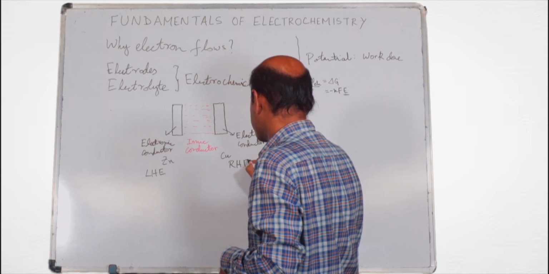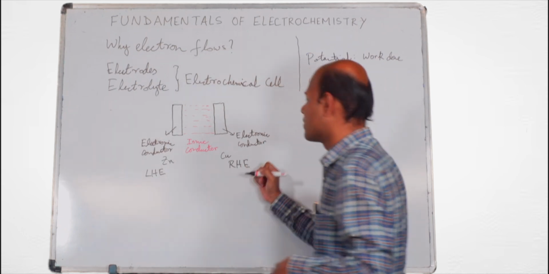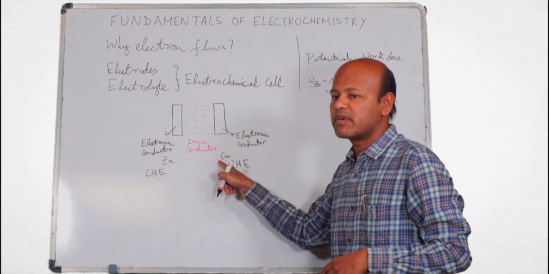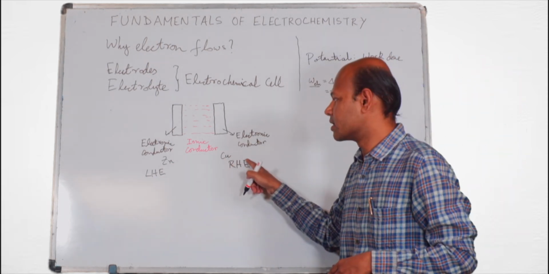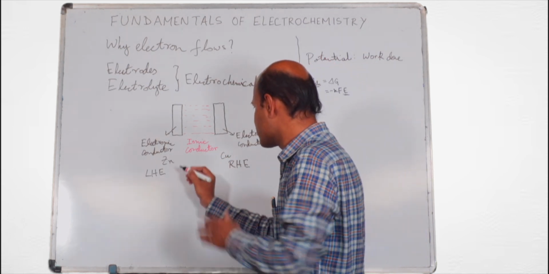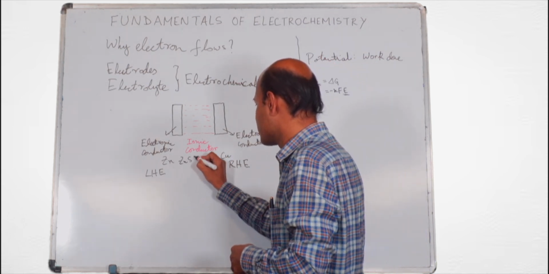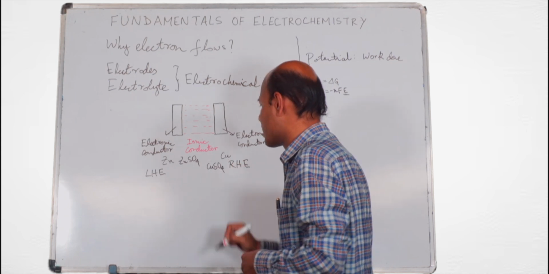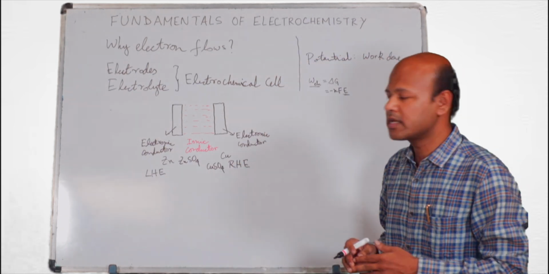An electrochemical cell converts chemical energy into electrical energy. Generally, the electrolyte is taken as zinc sulfate on the zinc side, and copper sulfate on the copper side. These are the electrolytes, and they have to be connected with a salt bridge.